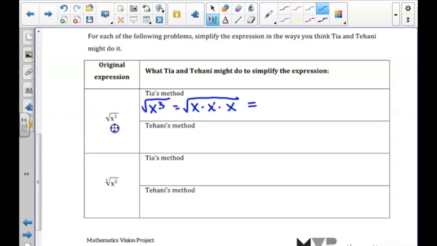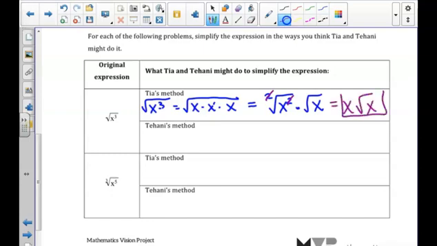If we go further, we know that we can rewrite that as the square root of x squared times the square root of x. And like we've just discussed in the previous example, the square root and the square will cancel, so we can simplify this to x root x. So that is Tia's method using radicals.